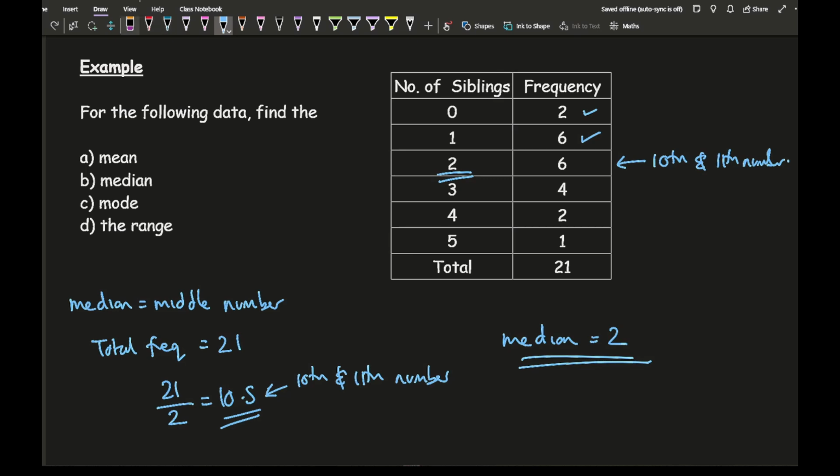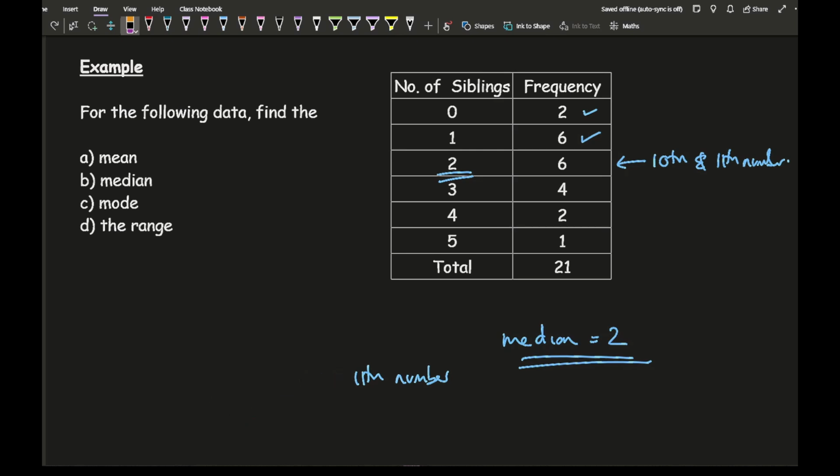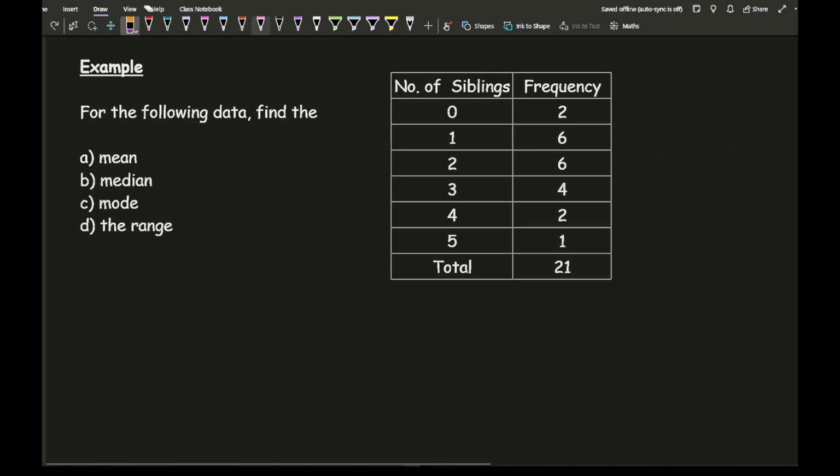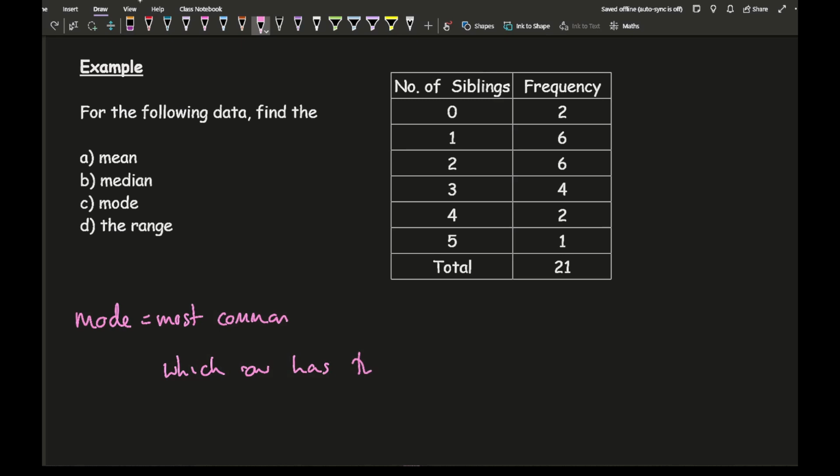Now to work out the mode, this one's probably the easiest for us to do. So let's just create a bit of space for that. The mode is the most common, and so what I'm looking for is which row has the highest frequency.